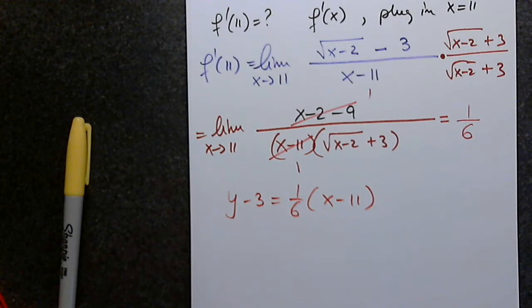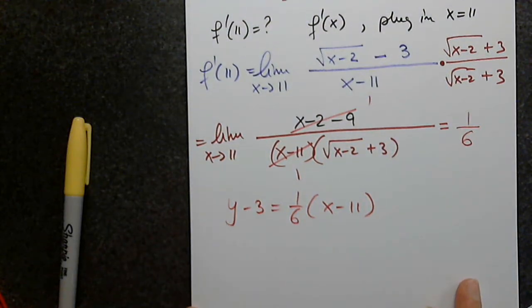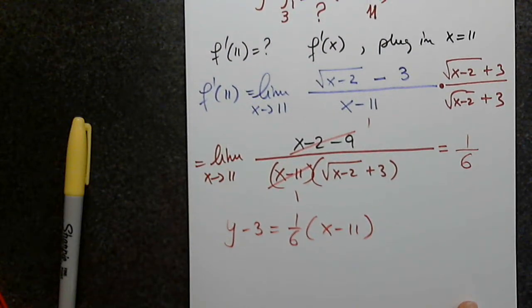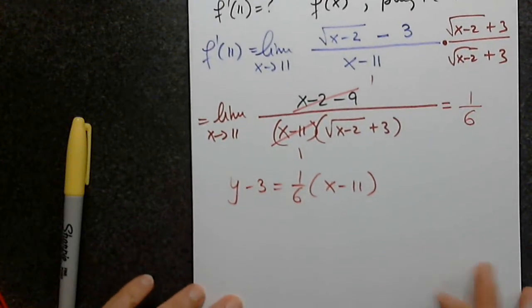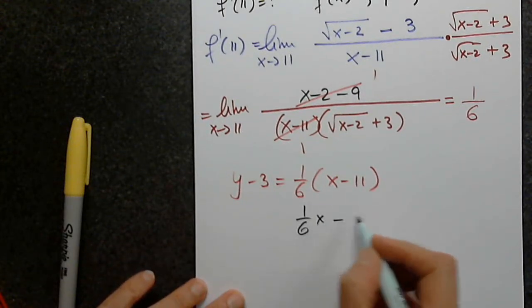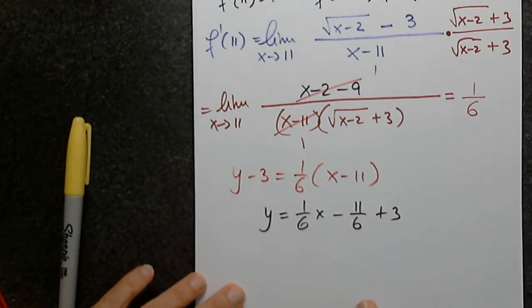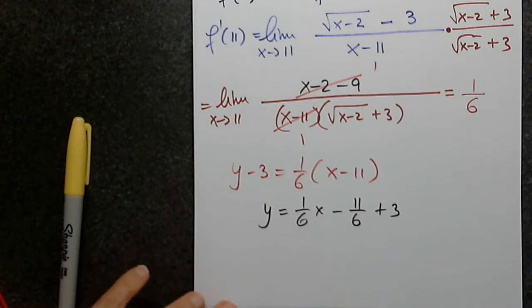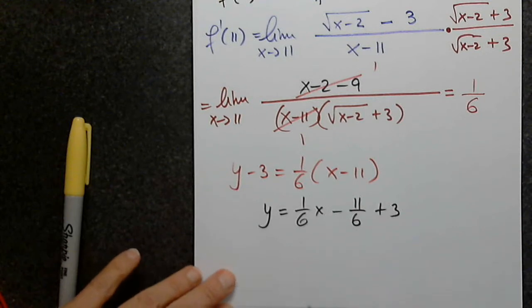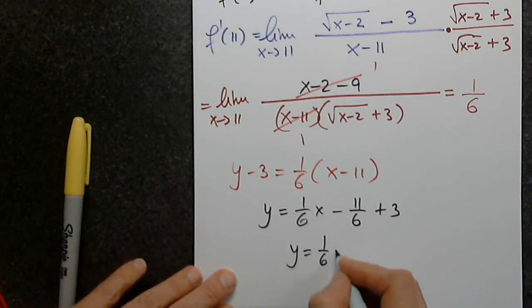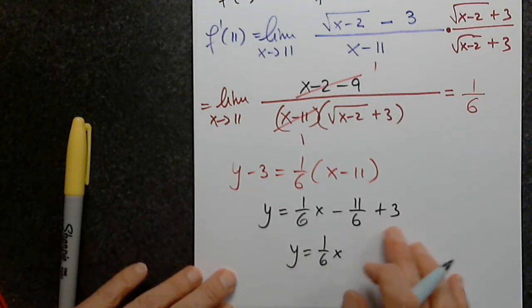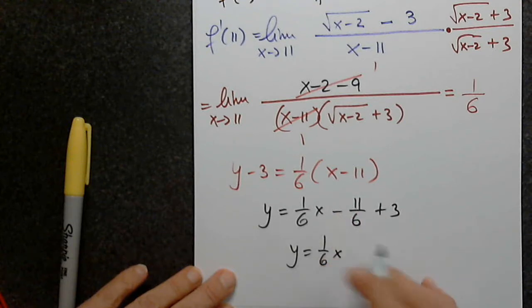Therefore, the equation of the tangent, any questions? Is 1 over 6 x minus 11 over 6 plus 3. I have no idea how I got this right. That's okay, I'm happy. Goodness. 1/6 x. 6 times 3 is 18. 18 minus 11 is?